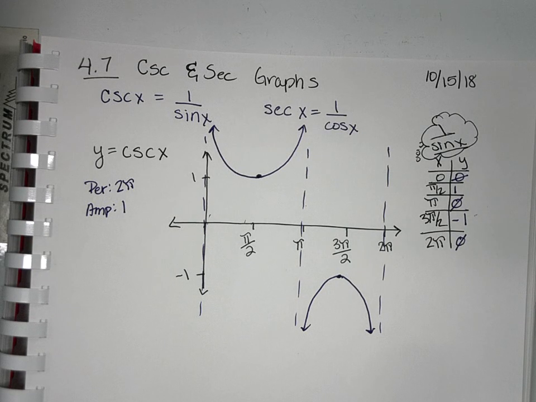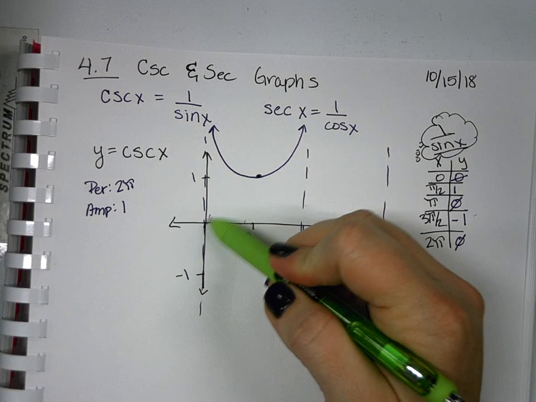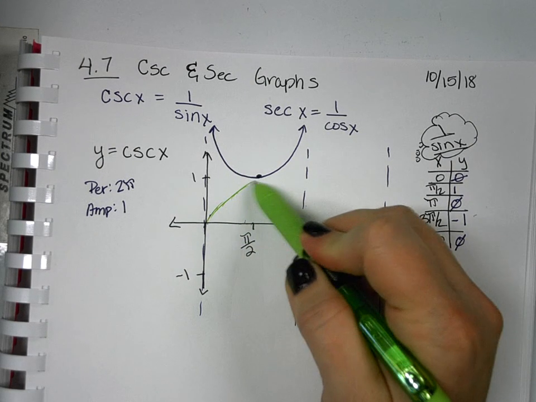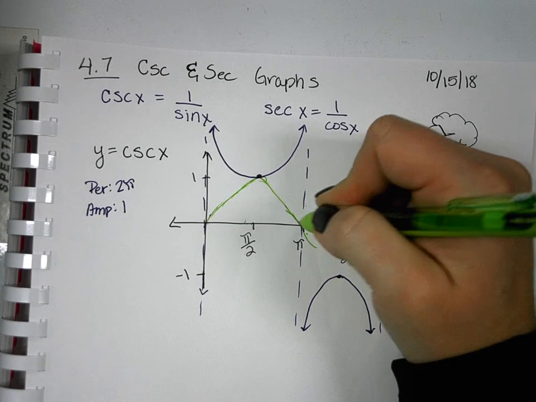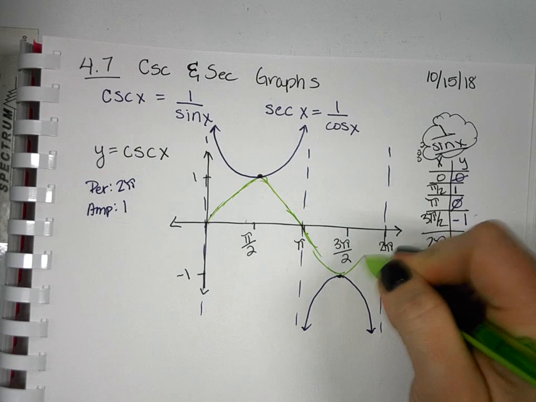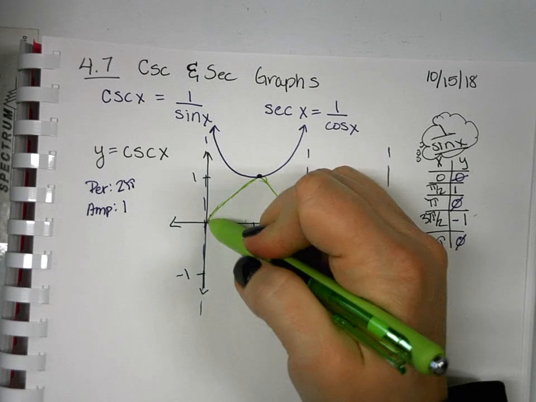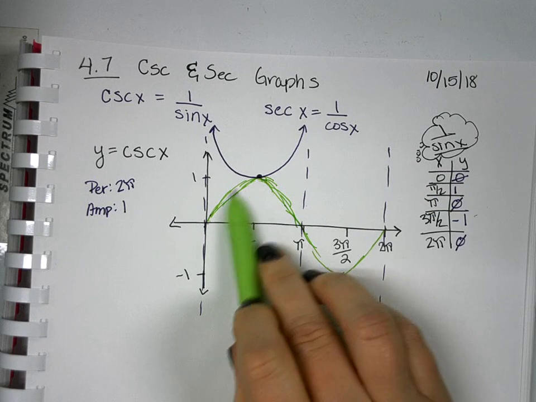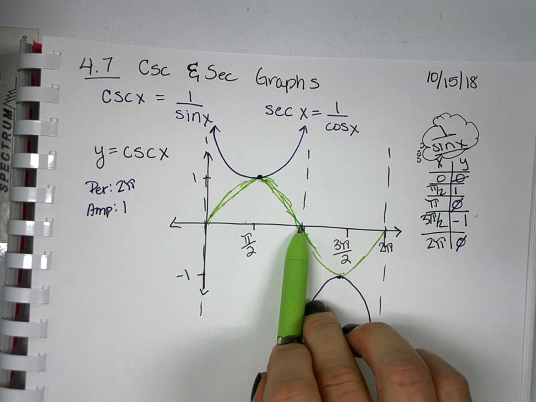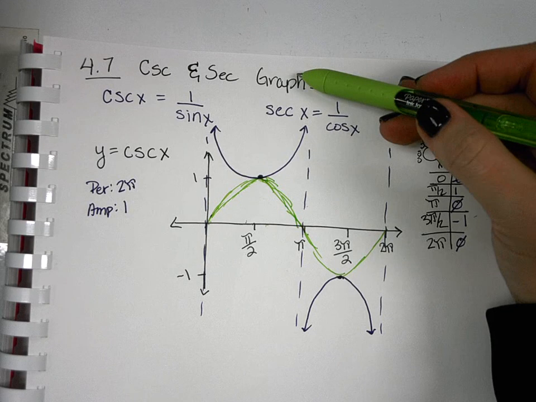One of the things that's interesting about the cosecant is that if you were to draw the sine graph, so here would be my sine graph for this same function, obviously with more curves than what I'm doing here. You are essentially taking this u from 0 to pi and you're flipping it to go the other direction.